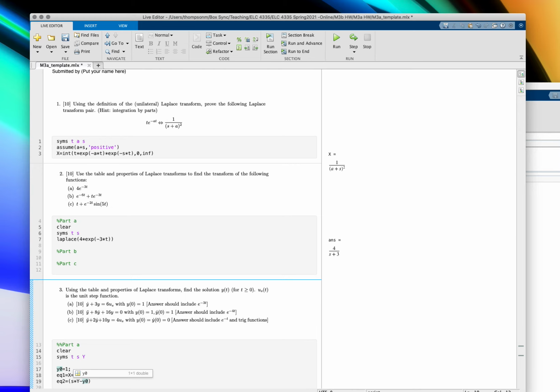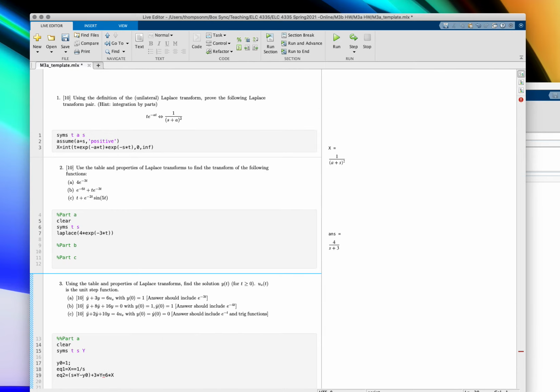The initial condition in this case is y naught. All right, and then I get to the next variable, 3. The Laplace transform of lowercase y is uppercase Y. Okay, and then I have 6 times the unit step, and the unit step is, in this case, stored by the variable x.